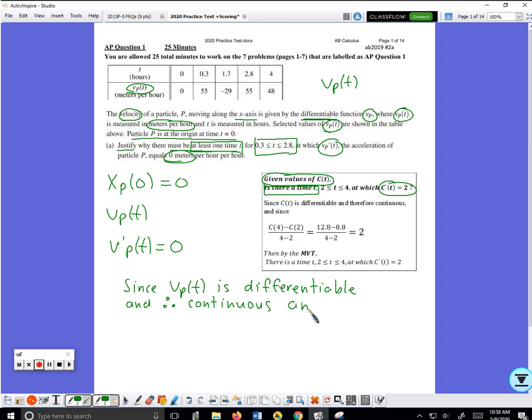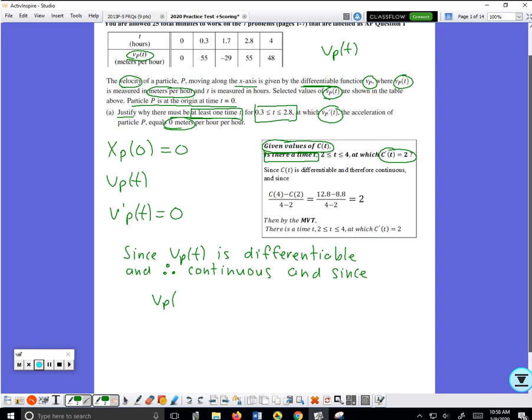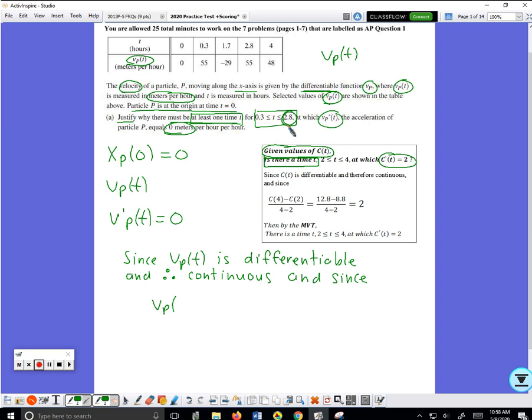and since, scroll down a little bit, v of 2.8 minus v of 0.3 divided by 2.8 minus 0.3.